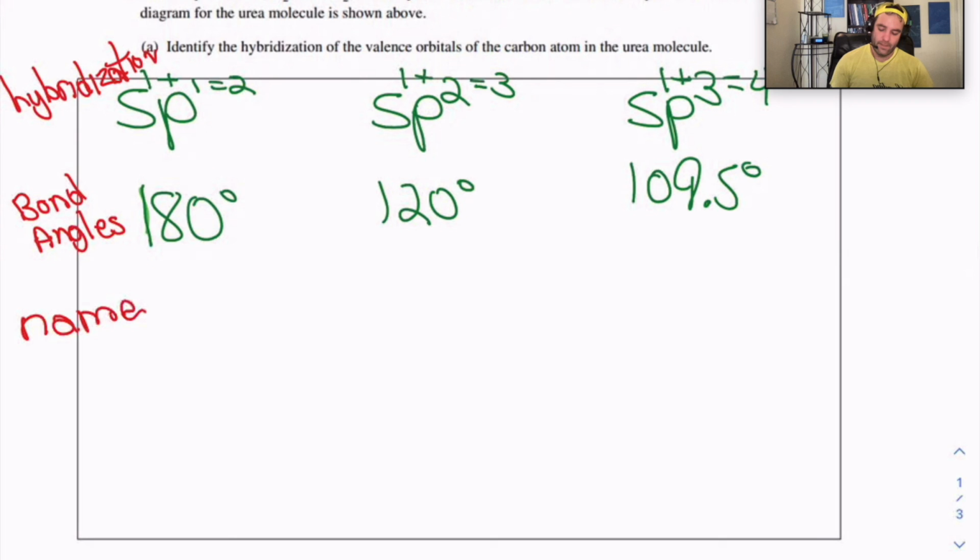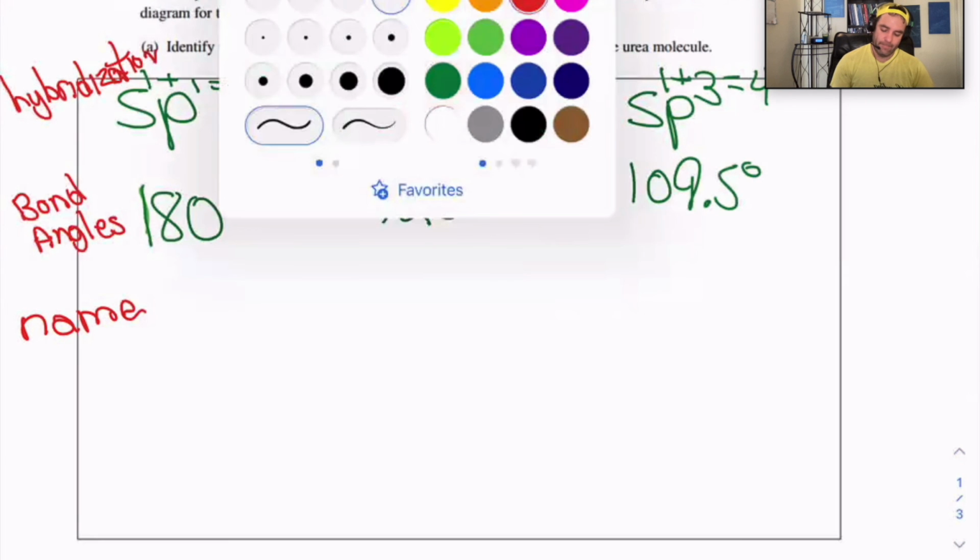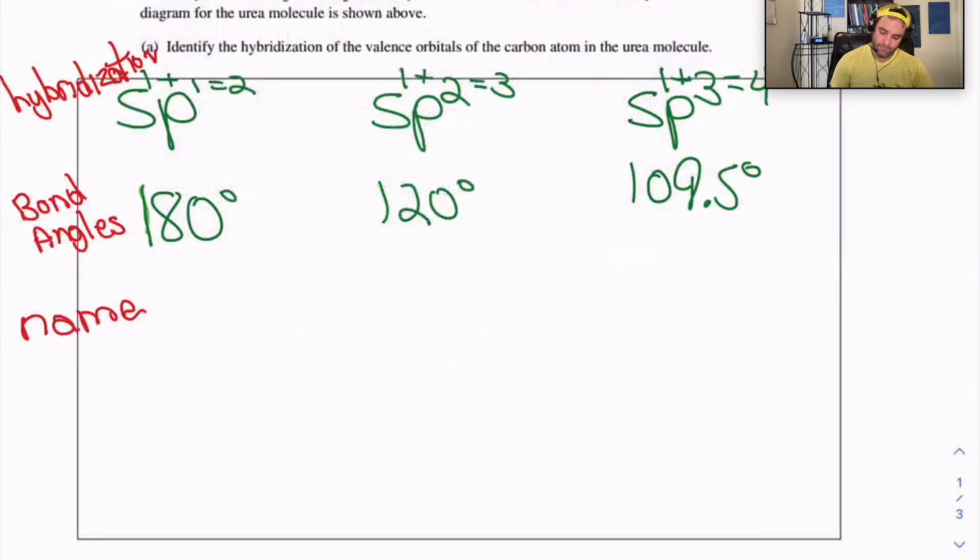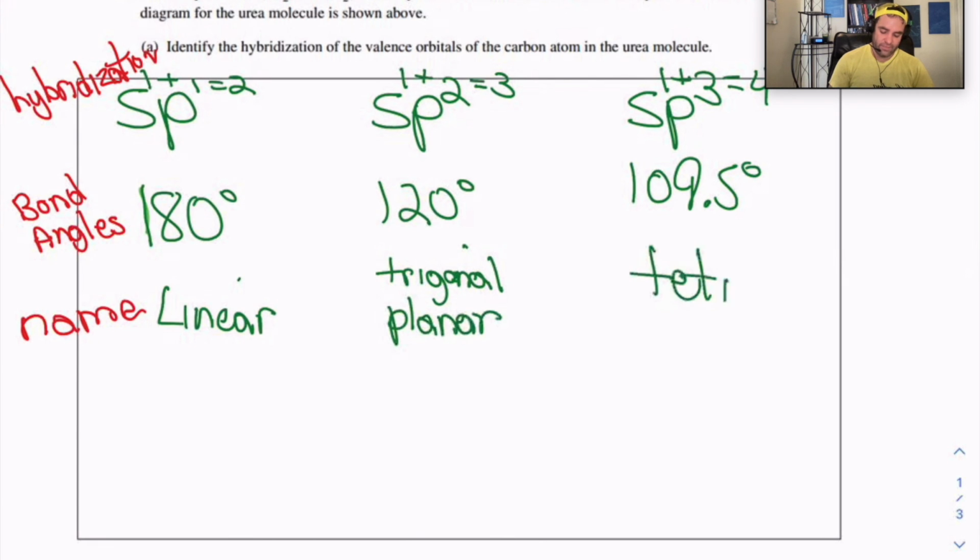So 180 is linear. 120 is trigonal planar. And 109.5 is tetrahedral. Now, why do they limit it to that?